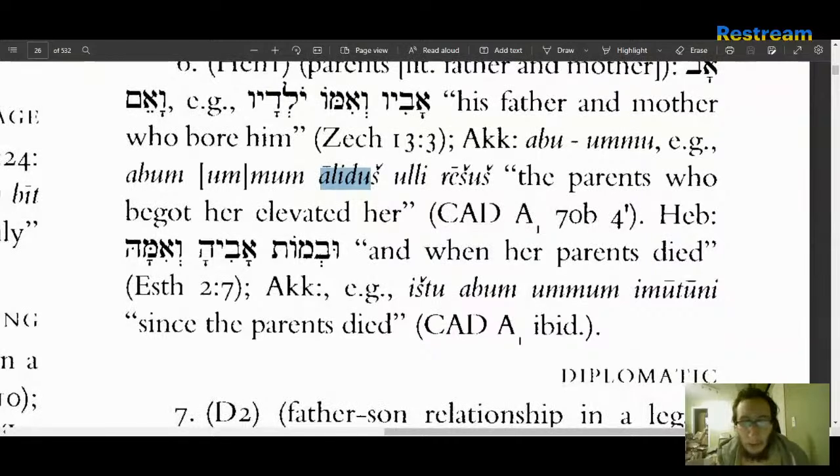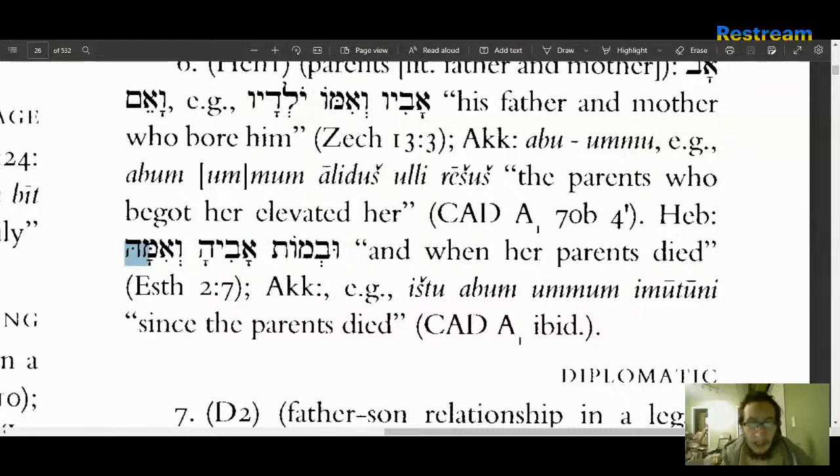And it says when her parents died, in the Hebrew of the Bible, it has, and in the death of her father and her mother. That's what it says. In death of father hers and mother hers.